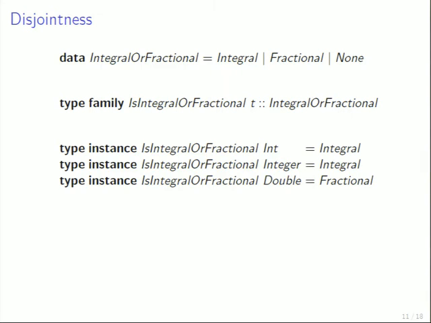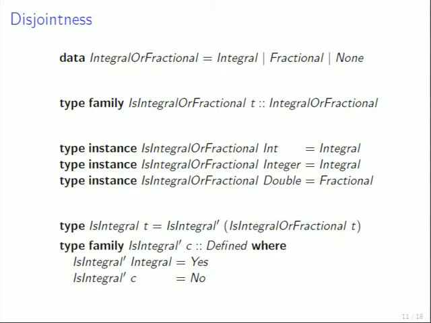So we give a bunch of rules which say, well, Int really should be an instance of integral, Integer also, but Double is fractional. And then we wrap this up like so, and define IsIntegral as, well, first we check what this function integralOrFractional gives us, and if it is integral, then yes, and otherwise we know we can't provide an instance like that.